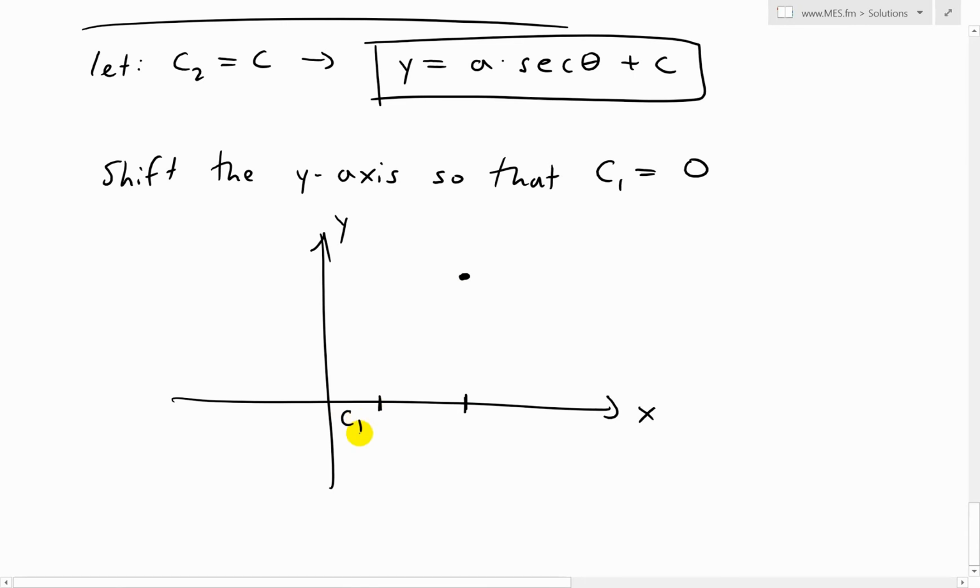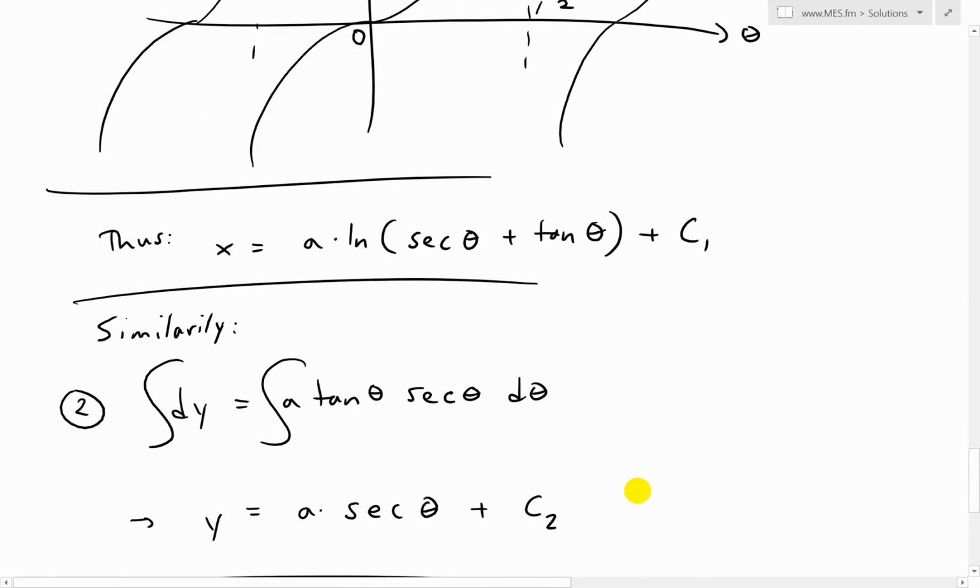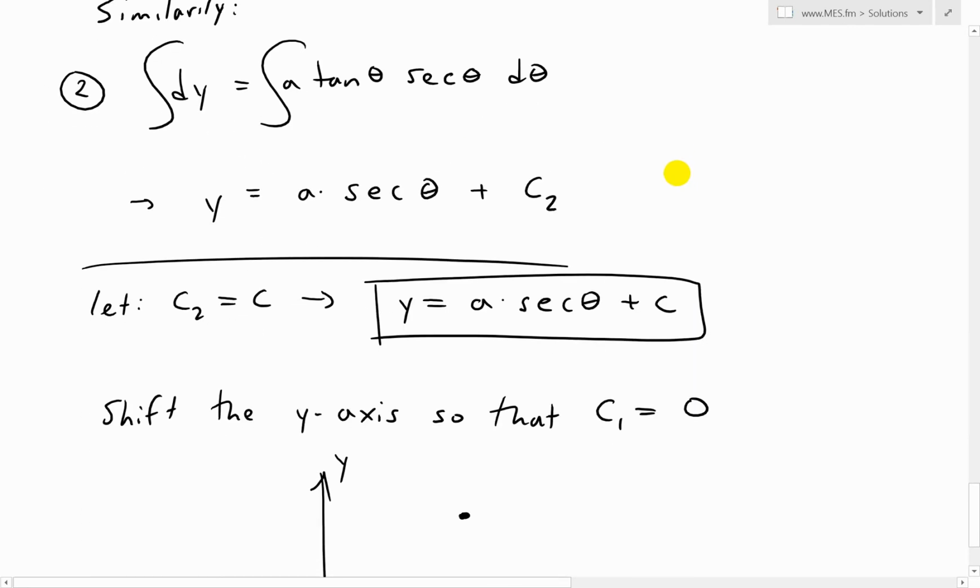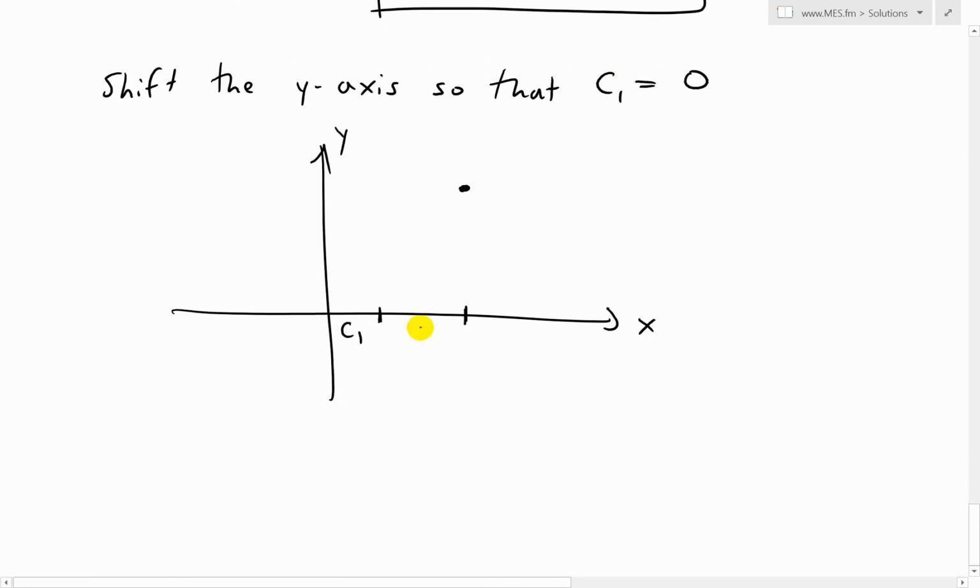And then in between here and here, we have a ln of secant theta plus tan theta. This entire difference is a ln of secant theta plus tan theta, all the way for this point x and y.